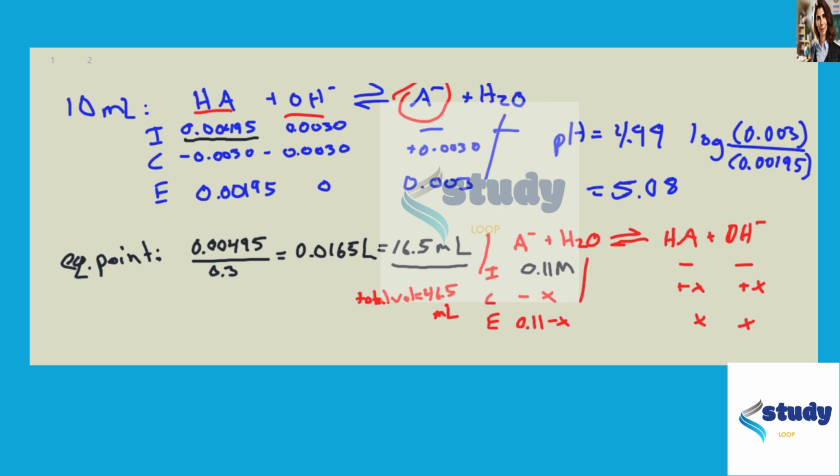And we get our Kb is equal to 7.69 times 10 to the minus 10, which is equal to x squared over 0.11 minus x. And then when we solve for x, we get x is equal to 9.20 times 10 to the minus 6.